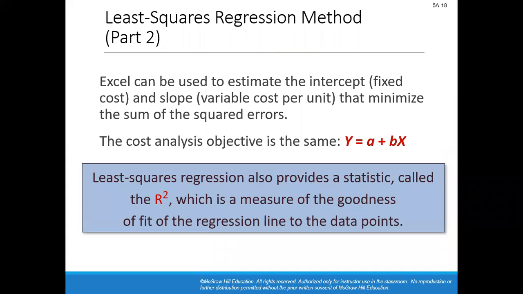How can we use this? You have learned how you can use this in your calculator manually, but we commonly use Excel to find out the intercept and the slope by capitalizing on this data.